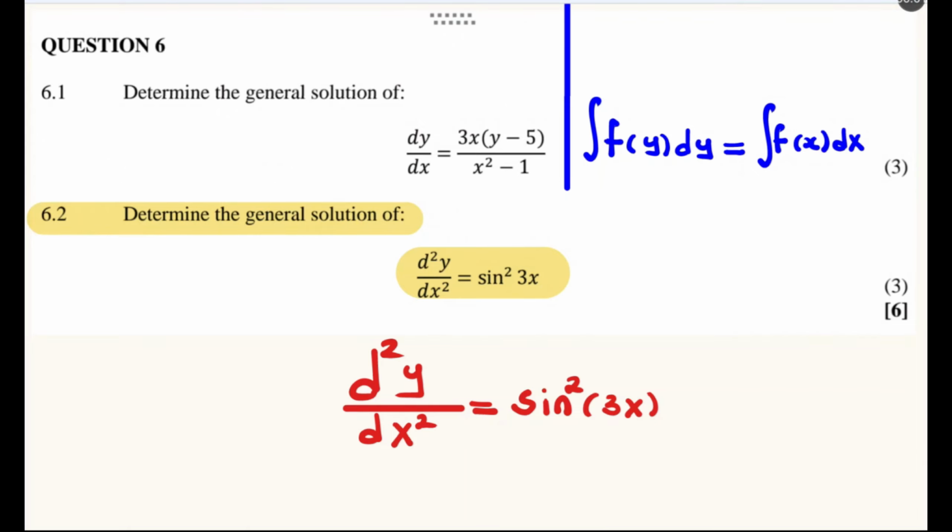Question 6.2, we determine the general solution of this second order differential equation. On the right hand side, we only have functions of x, the sine squared 3x, and no functions of y. So we won't be grouping the functions of y with the dy and the functions of x with the dx.